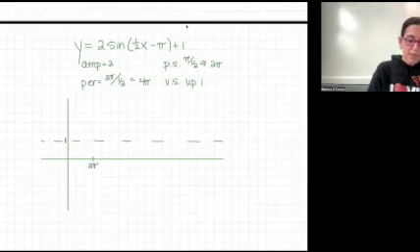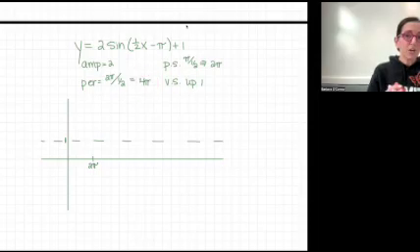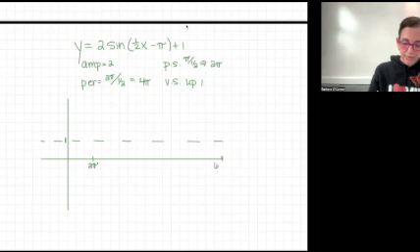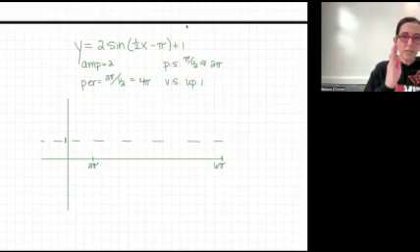Now, because my period is 4 pi, and I'm starting at 2 pi, I need the distance from start to end to be 4 pi. So I will add 4 pi to 2 pi to see where I end. That brings me to 6 pi. So let's cut this period in quarters because I need to mark all my quarter marks along the x-axis.